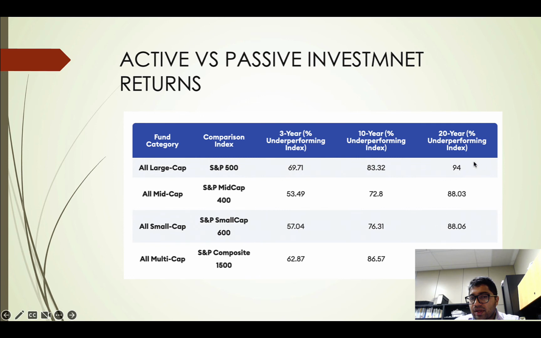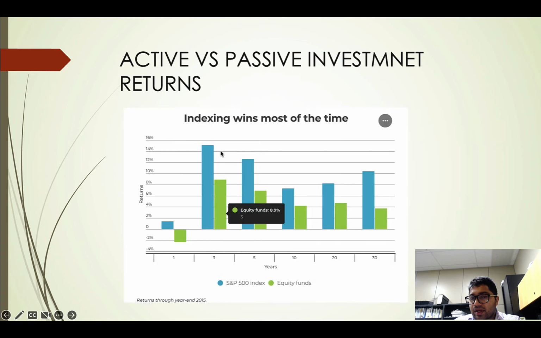In a large cap situation, 94% of them underperform, so they don't add value. Also, indexing wins most of the time. The S&P index has performed better than most of the mutual funds over a given period of time. Short term though, mutual funds can do better than an ETF, but over a long period of time, generally the index does better. That is, investing passively using an index and paying low cost generally outperforms active investing.